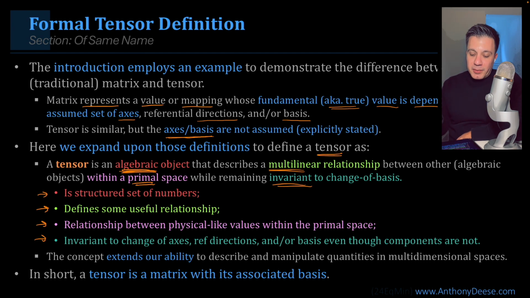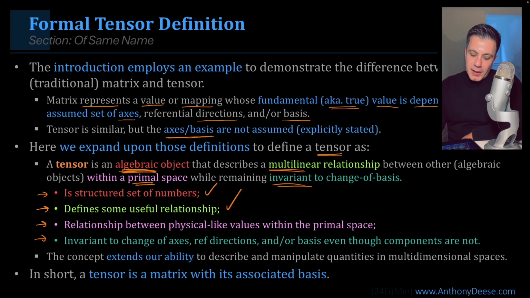It's an algebraic object because we know that the tensor is some structured set of numbers, and that was the definition we gave for the algebraic object in the beginning. So check. All right, multilinear relationship. We know that our objective with the tensor is to describe some relationship, some mapping. That could be a linear map that describes, going back to our example, how the velocity VA changes to become velocity VB over the span of a single time step, or it could be something like a primal vector, which is simply defining an inherent physical value and how that is projected to its axes.